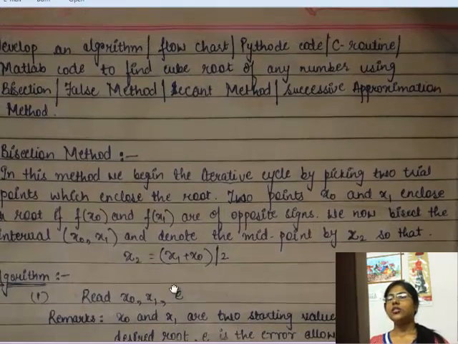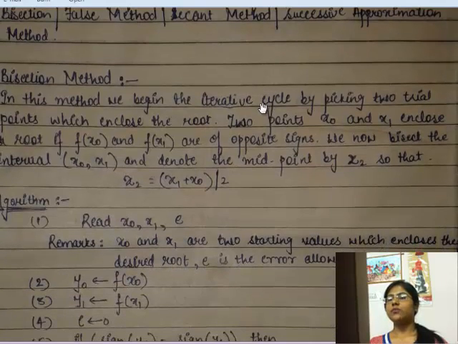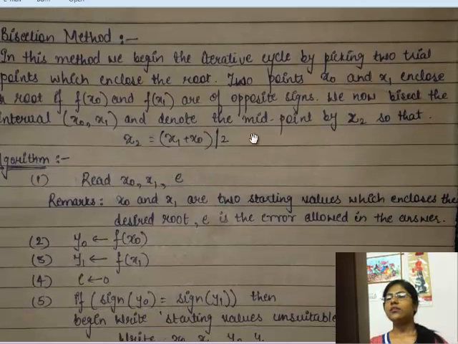Now heading for the last question, we need to develop an algorithm or flowchart or Python code or C routine or MATLAB code to find the cube root of any number using the bisection, false position, secant, or successive approximation method. What I choose is the bisection method. So let us first know what the bisection method is. In this method, we begin the iterative cycle by picking two trial points which enclose the root.